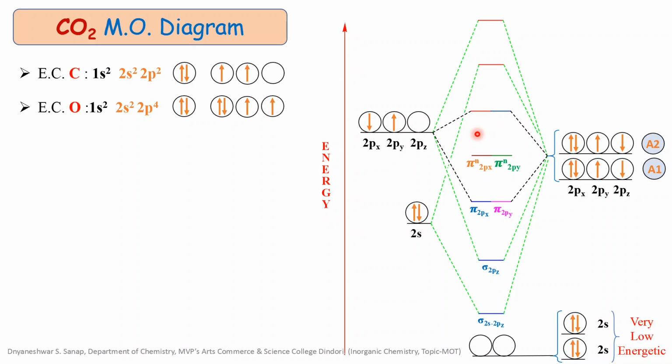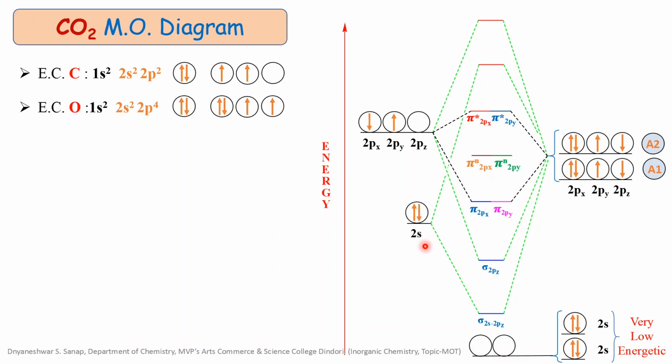The higher energy antibonding molecular orbitals are formed by the combination of the 2px and 2py atomic orbitals of carbon with the 2px and 2py atomic orbitals of the oxygens with opposite wave function sign, and it results in the formation of pi star 2px and pi star 2py antibonding molecular orbitals.